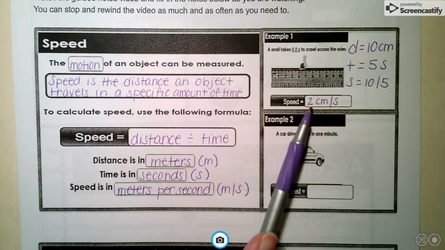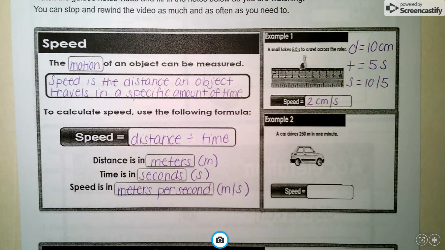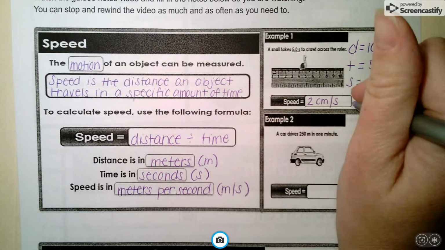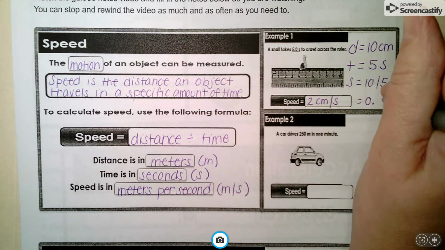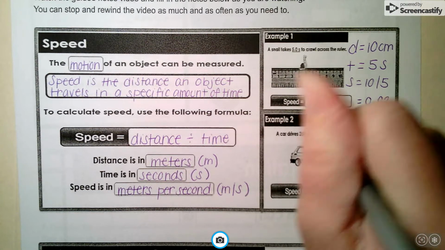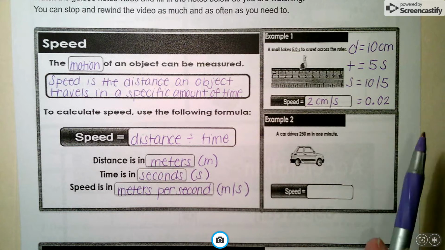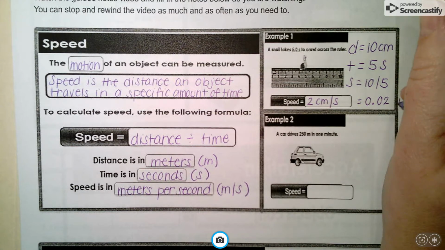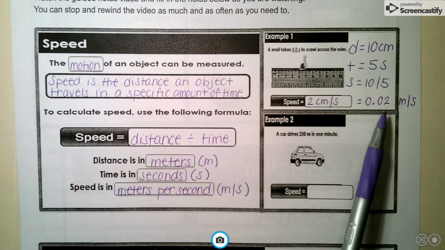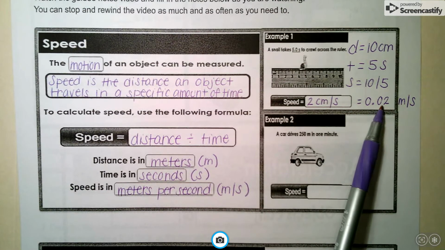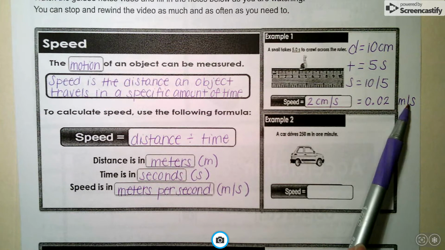So I know that there are 100 centimeters in every meter. So I can convert 2 centimeters as being 2 out of 100. So that would be 0.02. That's 2 100ths meters per second. That would be my final answer. 0.02 or 2 100ths meters per second.